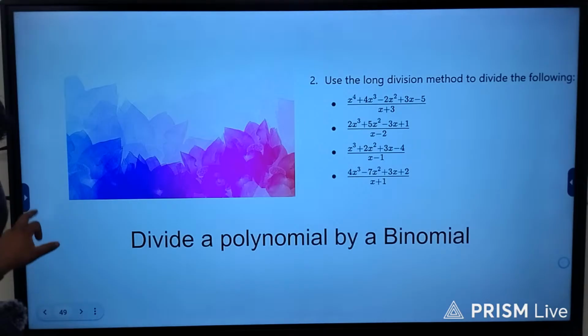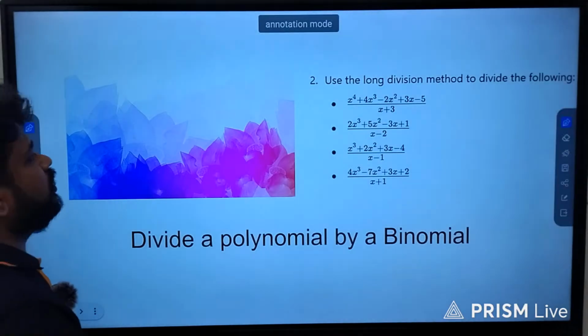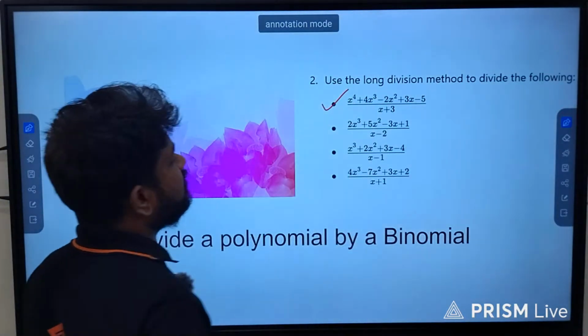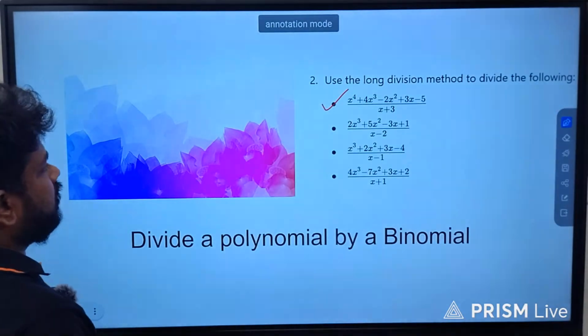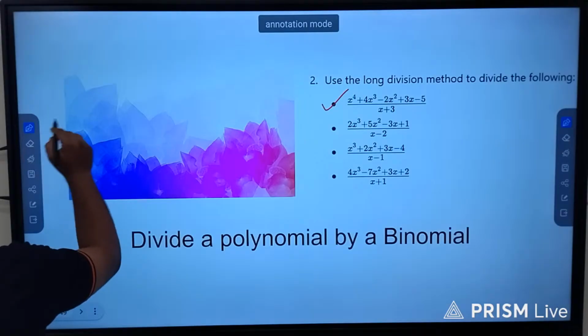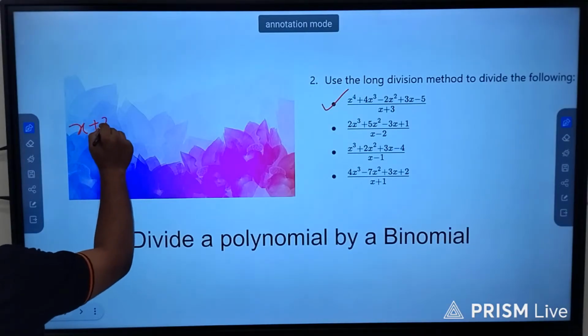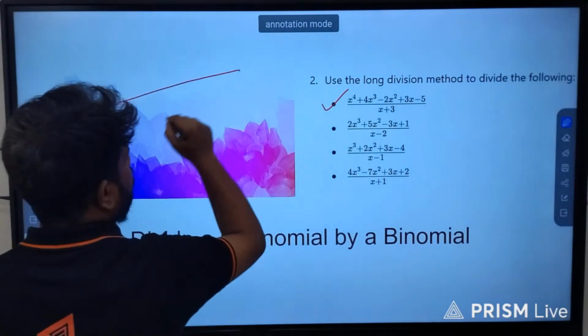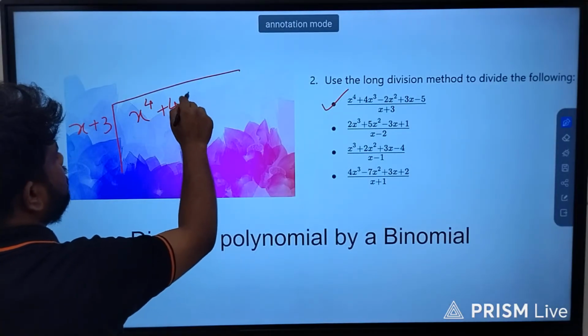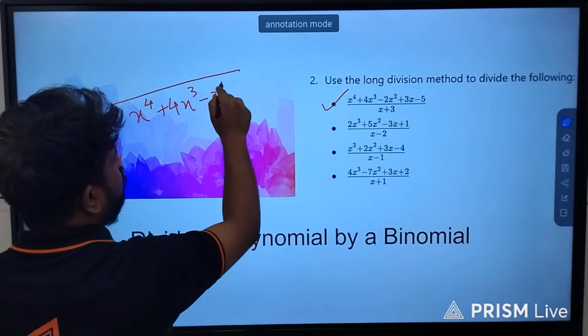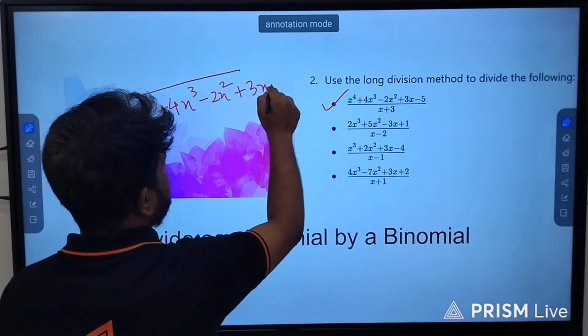These all are the examples which were given. You have to do these by the long division method. Do the first one: divide x to the power 4 plus 4x cube minus 2x square plus 3x minus 5 by x plus 3.